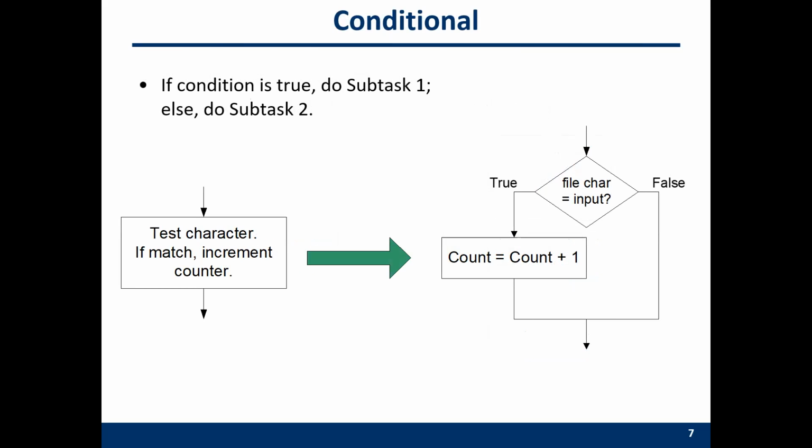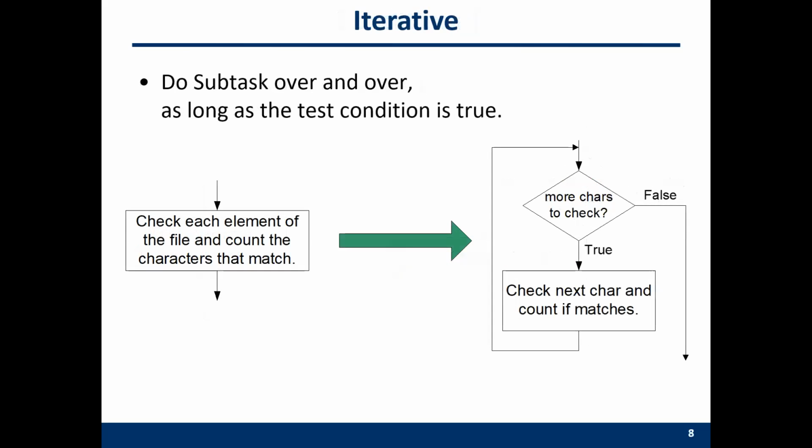You evaluate whether this condition is true or not. You run different codes, but only one of them will run. Eventually, the body of the application will be run by a loop. In this loop, you always check the next character to see whether it's a match or not.